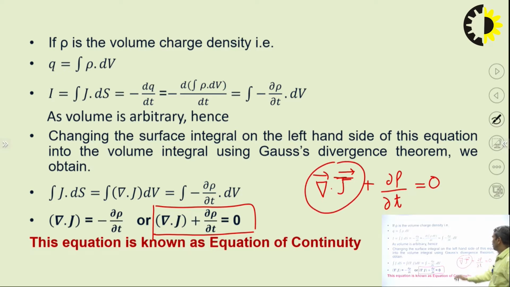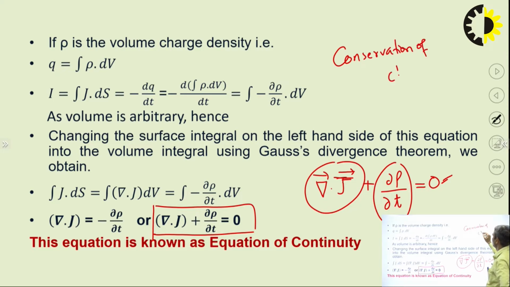So, the divergence of current density and the partial differentiation of charge density with respect to time, if we add, we get 0. So, this equation is nothing but the equation of continuity which tells conservation of charge. Here J is current density and rho is volume charge density. So, this equation is known as the equation of continuity.